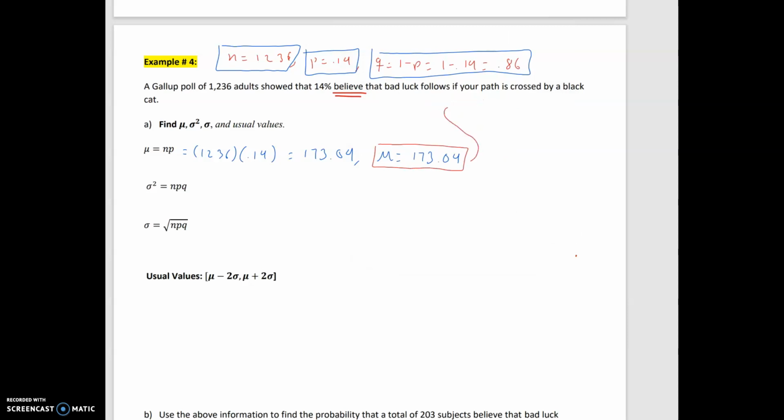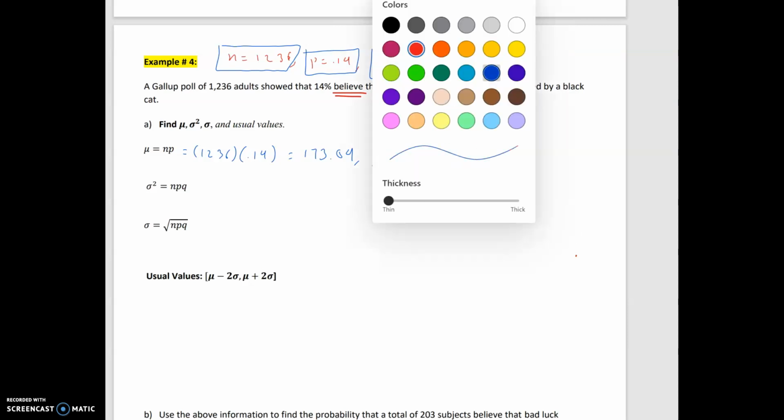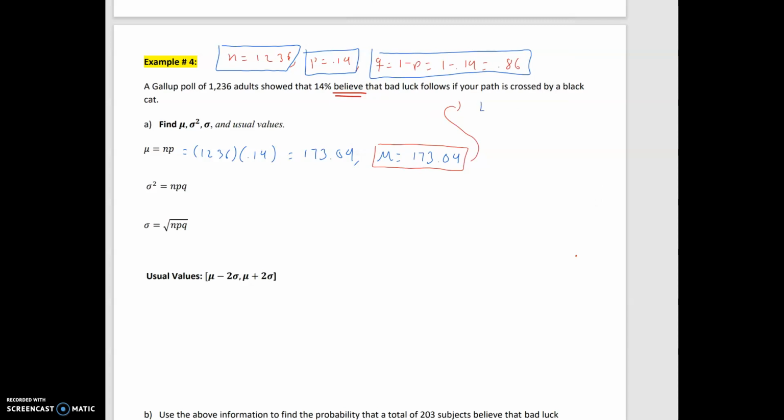So let me write out the expected value: the expected value is mu is equal to 173. And in this case, we're talking about adults. The problem is not asking for the expected value, it's just asking for the value of the mean.